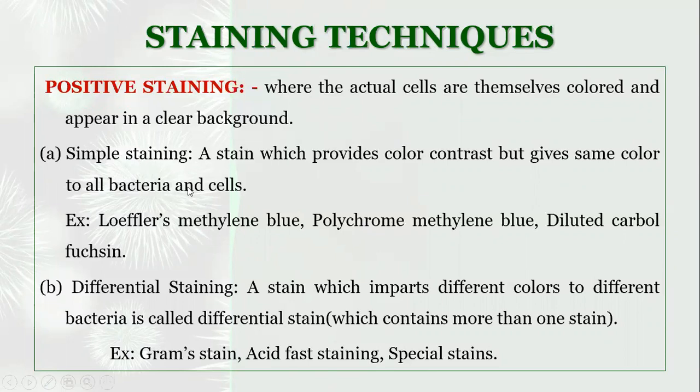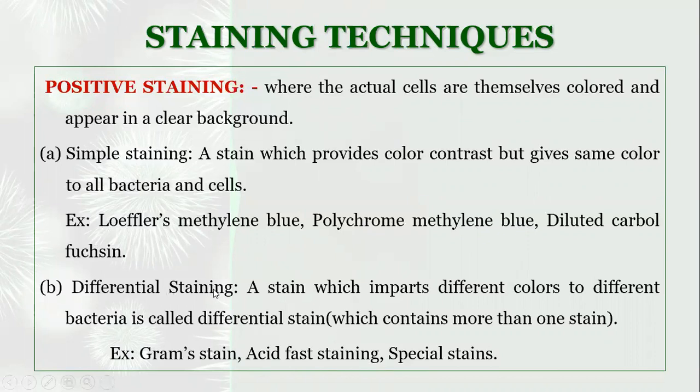So simple staining is used to study the shape, size, and arrangement of the bacteria. This staining is not able to differentiate different types of bacteria. Examples of simple staining are Loeffler's methylene blue, polychrome methylene blue, and diluted carbol fuchsin. All these dyes are used in simple staining.